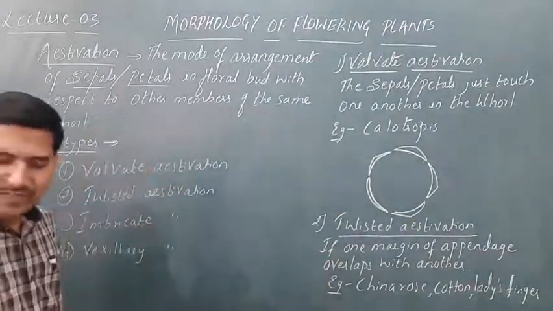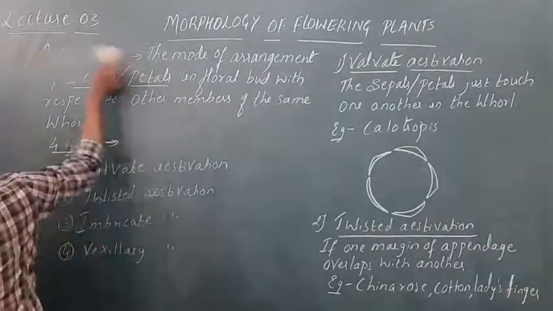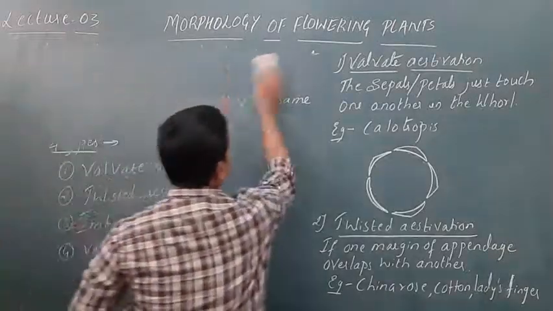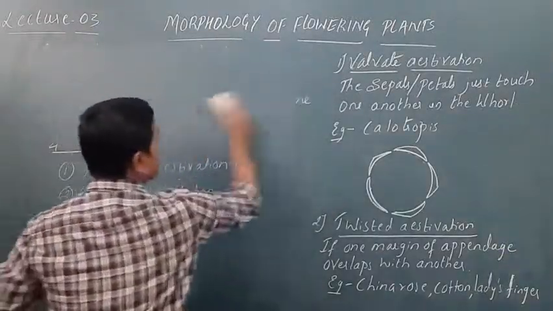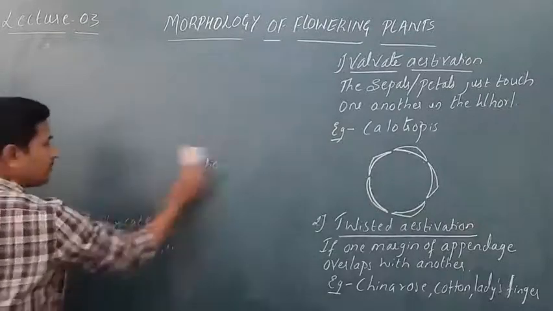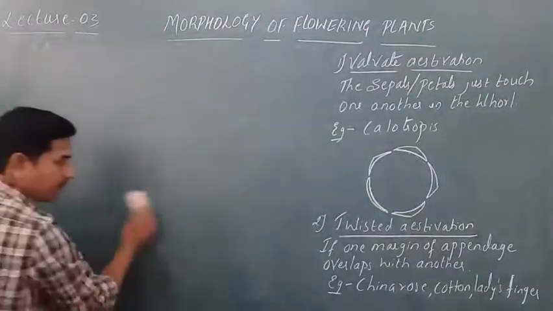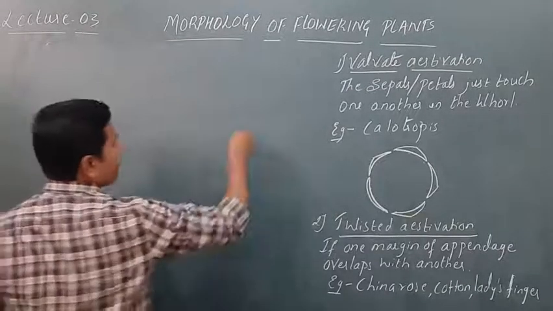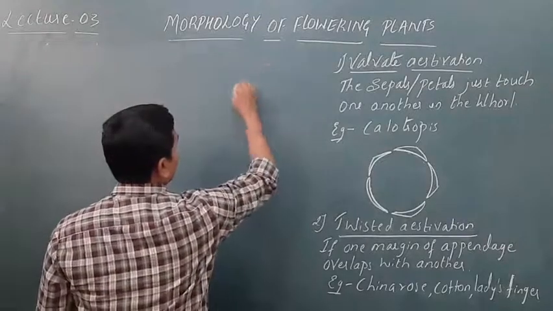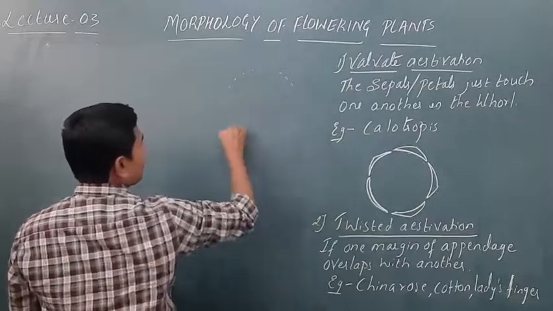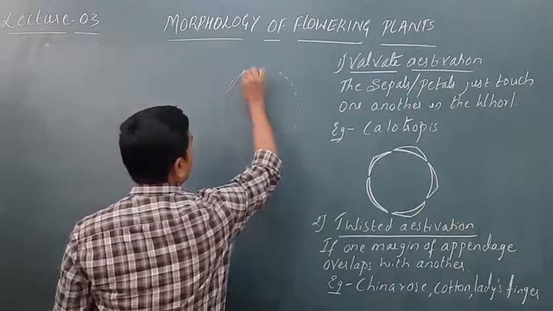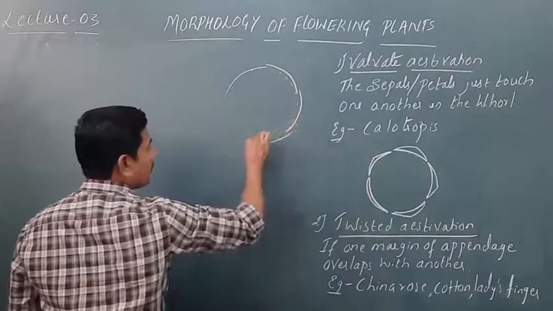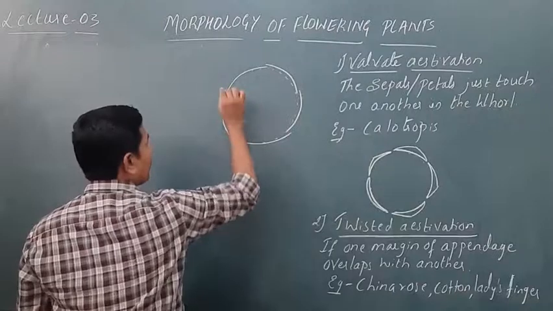So how exactly is the twisted aestivation? Let us look at the diagram of the twisted aestivation. Now in the twisted aestivation, what we observe is 1, 2, 3, 4, 5.